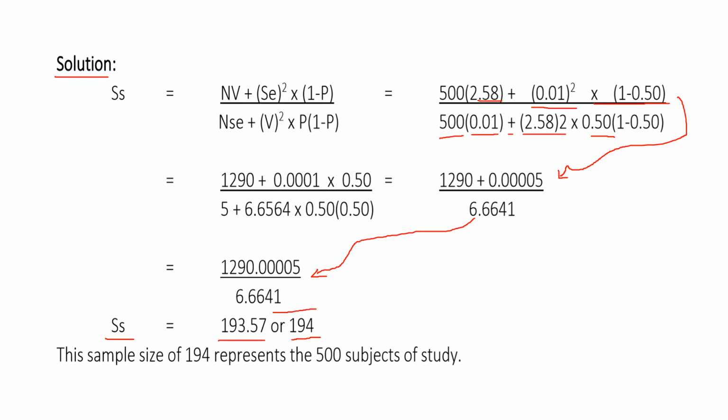Your sample size should be a whole number and not a decimal, because there is no such thing as, for example, a person which is equal to 0.57. It should be a whole number and not in decimal form. That's why 193.57 is approximately equal to 194. Therefore, this sample size of 194 represents the 500 subjects of the study.